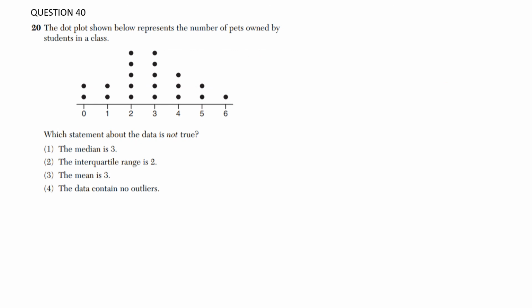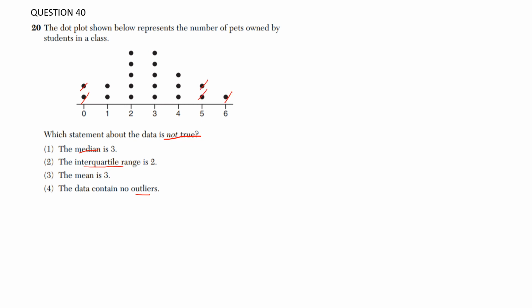So in this final question, we have the dot plot, which shows the number of pets owned by students in the class. And the question is asking us which statement is not true. Not true. So if it's correct, we cross it out. So let's quickly find the median, interquartile range, and outliers. So we have the median.